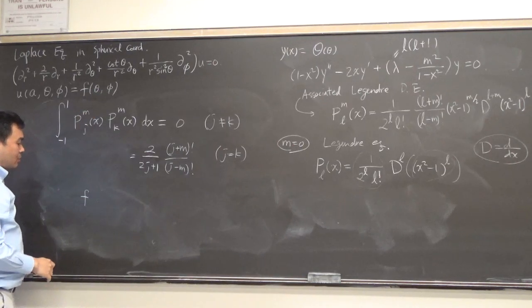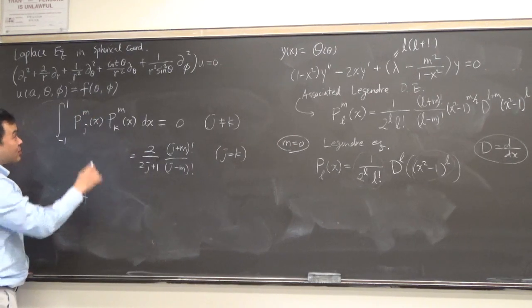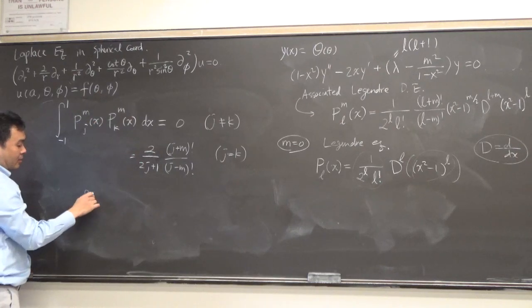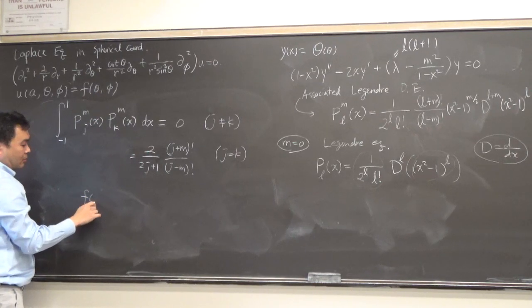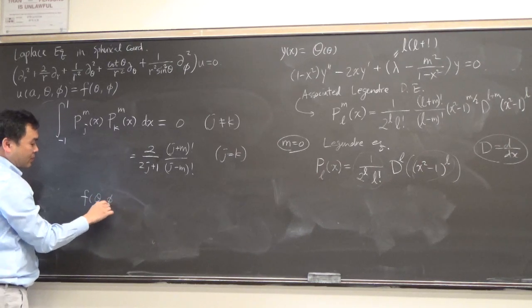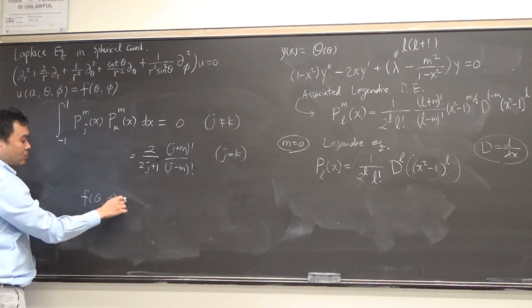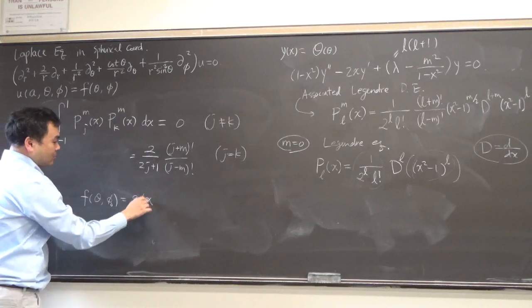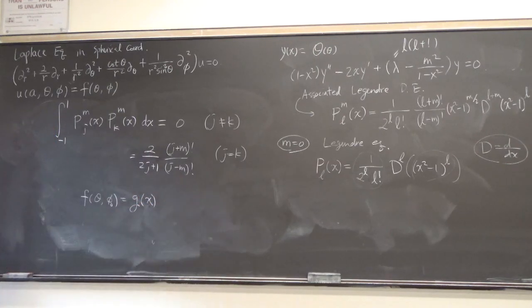So let's for a moment fix the phi, and think of f of theta at some fixed value phi 0 as g of x, where x is cosine theta, right? Because f has to be periodic from 0 to pi, is it? Oh yeah, it has to be, yeah. No, it doesn't.